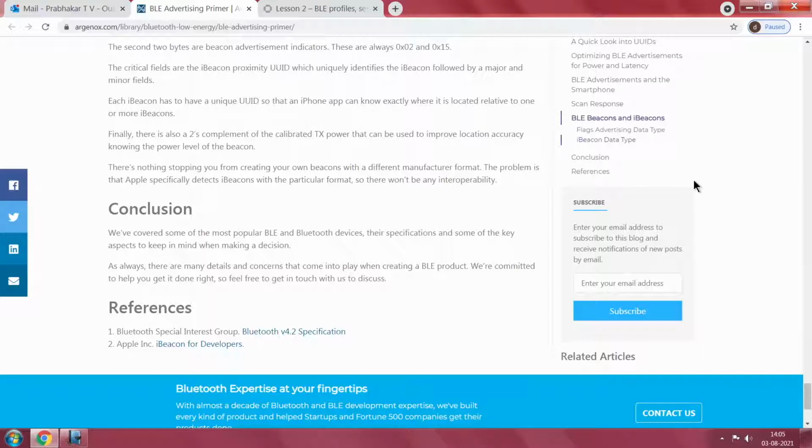Why should anyone allow you to connect to your system? Therefore advertisements is a good way to go, right way to go. Read up this article, understand about UUIDs, okay, and all the power related issues, and you will be able to build very interesting applications with BLE in the advertisement mode.